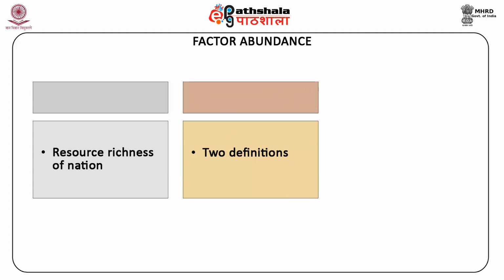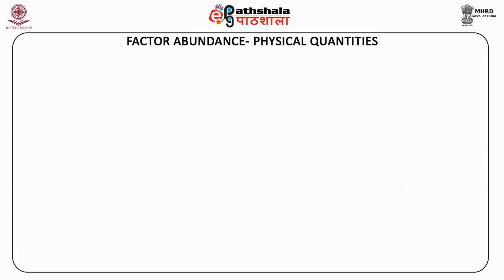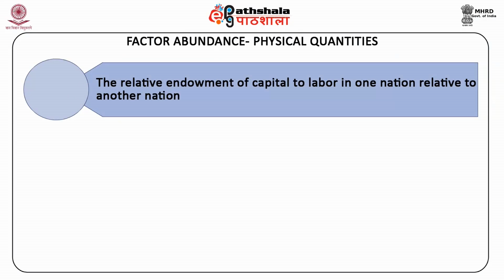There are two definitions of factor abundance, one in terms of physical quantities and the other in terms of factor prices. According to the definition in terms of physical units, the factor abundance of one nation is defined by the relative endowment of capital to labor in one nation relative to another nation.